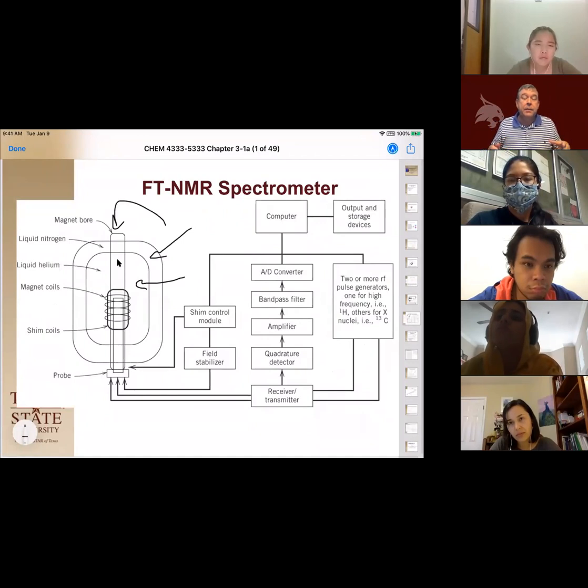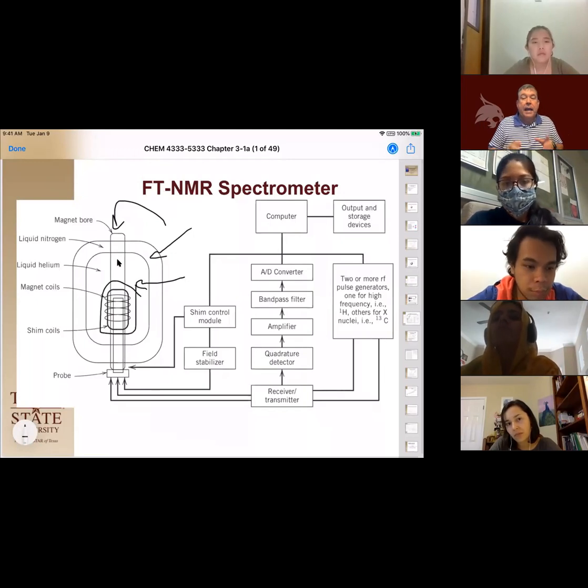And the reason it's there is because the primary magnet used to create the high magnetic field is actually a superconducting magnet. And it has to be kept at 4 Kelvin to get it to go. Now, to keep the helium from boiling off too quickly, they encapsulate that with a liquid nitrogen dewar, so it boils off slower. So that means our primary magnet in here is at a fixed field and at a fixed strength.